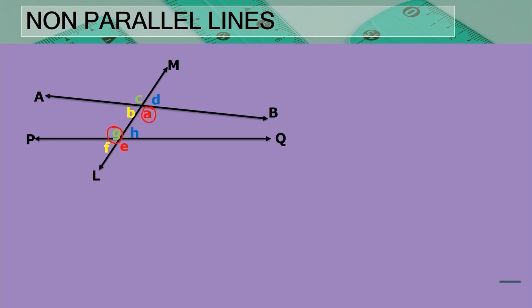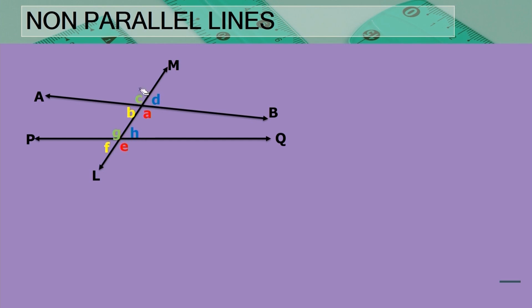That would be the interior alternate angles. And when we're talking about the exterior alternate angles, we would still be looking at the angles that are on the opposite side of the transversal, but now they are on the outside of the lines that are being cut.